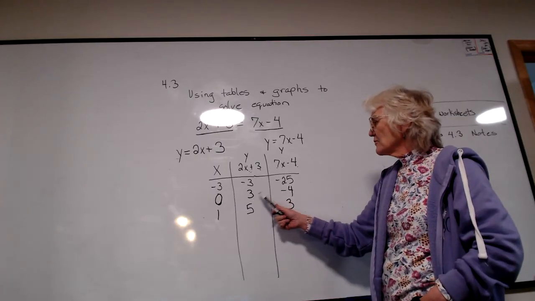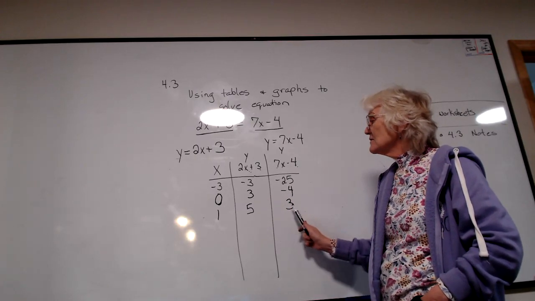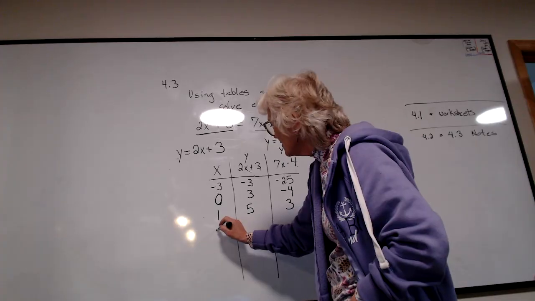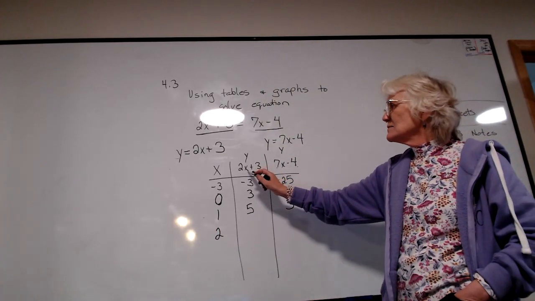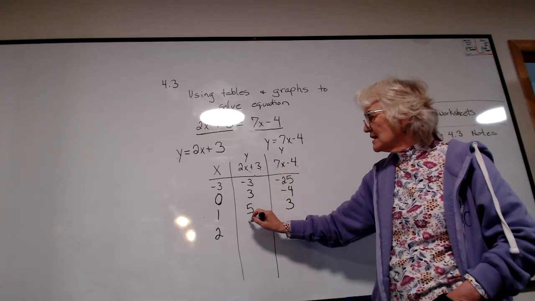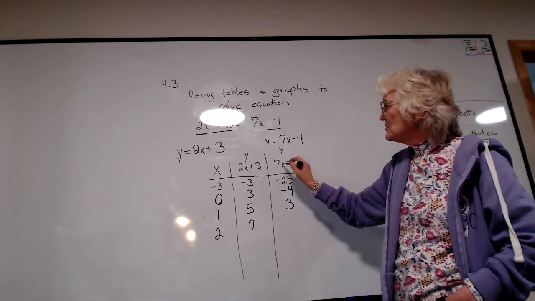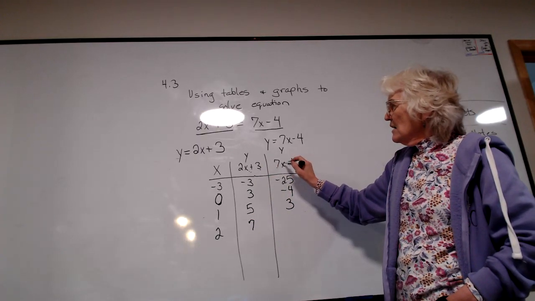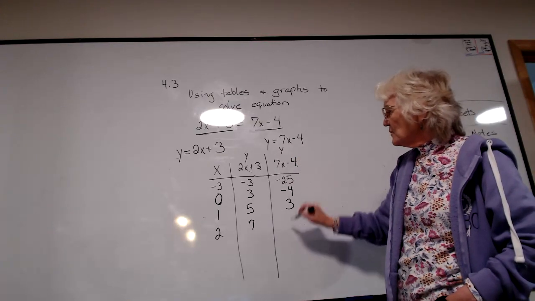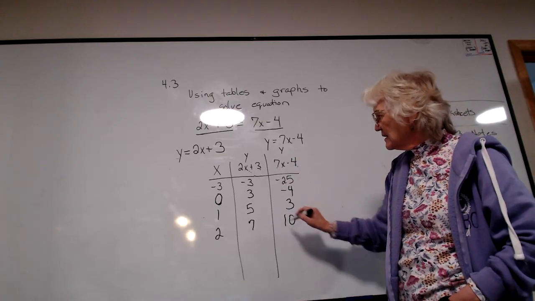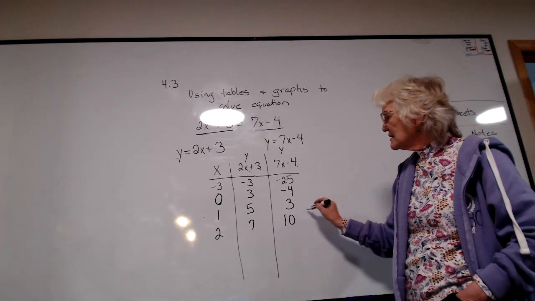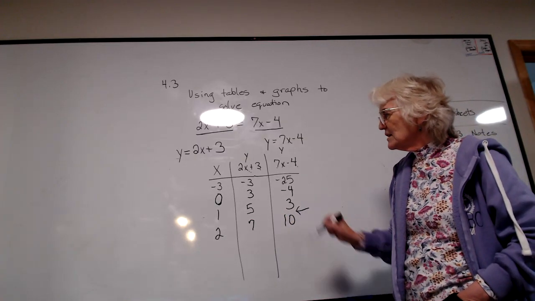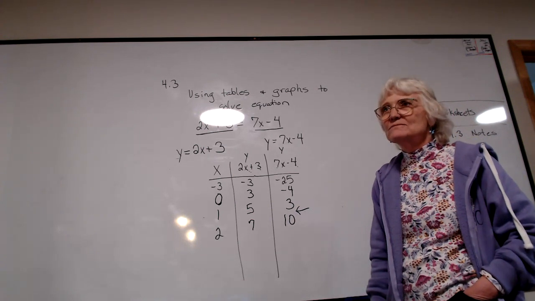Right now, 3 to negative 4 was a difference of 7, and this is only a difference of 2. So let's try 2. It's going to give 2 times 2, which is 4, plus 3 is 7. Here, 2 times 7 is 14, minus 4 is 10. We're starting to go apart again. So I'm going to guess that the answer is somewhere between 1 and 2.